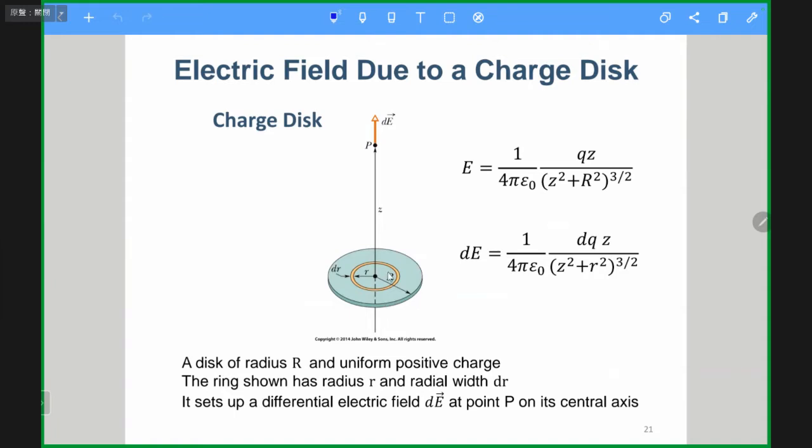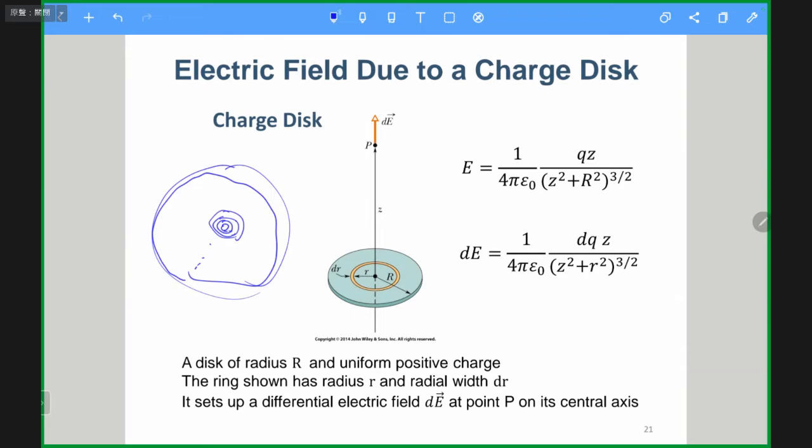But as we already considered the charged ring, we can try to separate the solid disk into many rings with different radii, and when you add all the rings together, it will form a solid disk. The idea is like this.